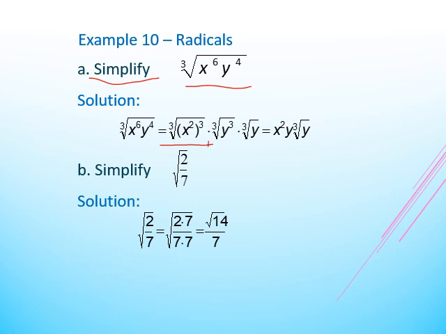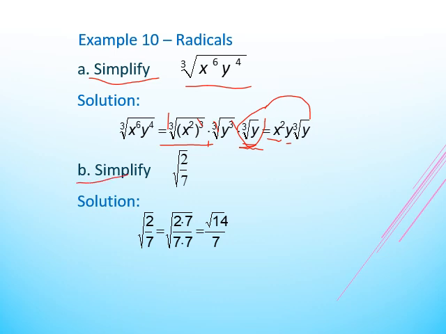And here times the root of y to the power 3 with index 3. And finally, the third root of y. Now we can eliminate the power with the radical sign to get x squared, the power 3 with the radical sign to get y, and finally this value will remain the same, third root of y.